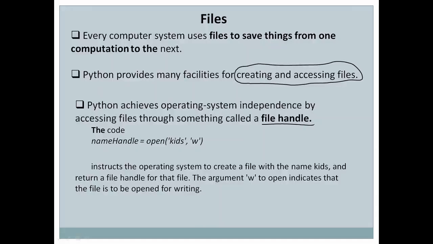Now look at the code here. The code is name handle equals the function open, and the two arguments passed are kids and w. Both the arguments are of type string.